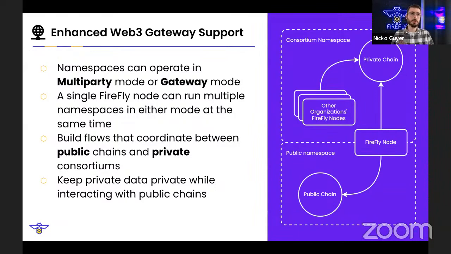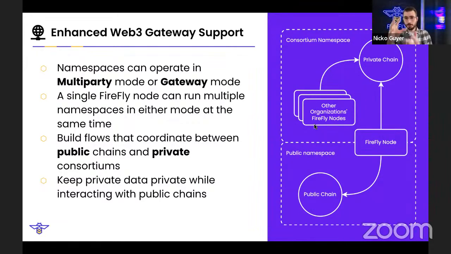Gateway mode is more like if I am an enterprise and I just want a piece of software to connect to blockchains. And there's no other organizations necessarily involved in those transactions directly. Nobody else needs to be running FireFly for me to run FireFly in gateway mode.